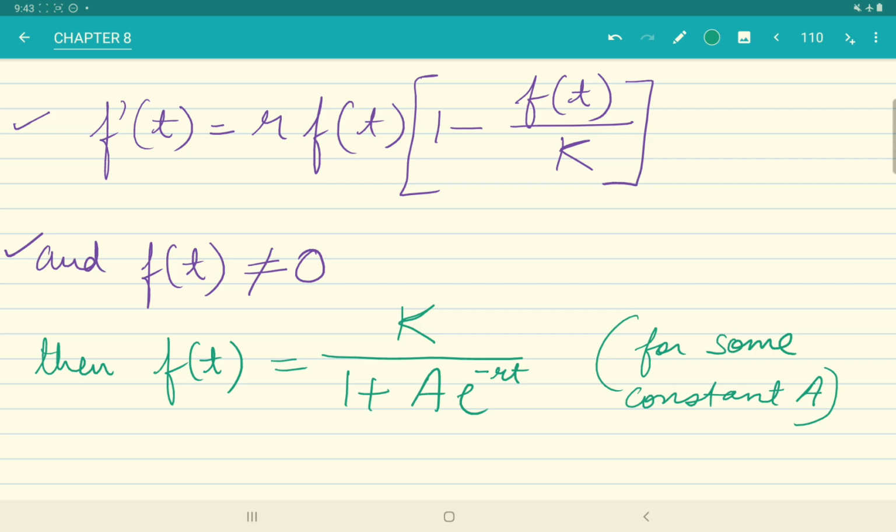Keeping that in mind, if I know that f prime t is equal to r f(t) multiplied by 1 minus f(t)/k, and I know that f(t) is not equal to 0, then f(t) must have this form: f(t) should be equal to k divided by 1 plus a e raised to the power minus rt. Keep in mind that k is the population's carrying capacity, and a is a constant.